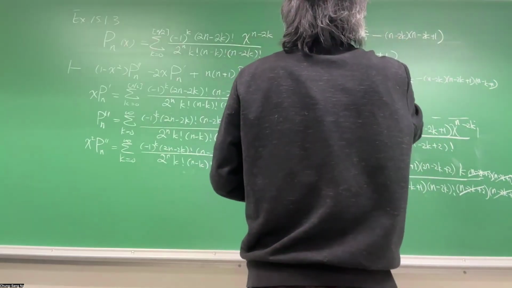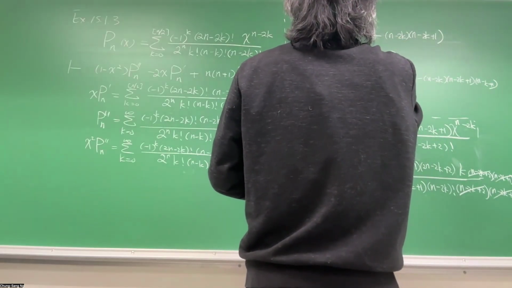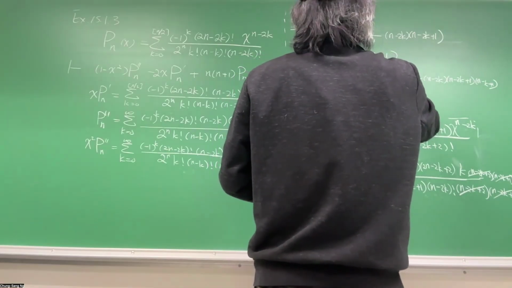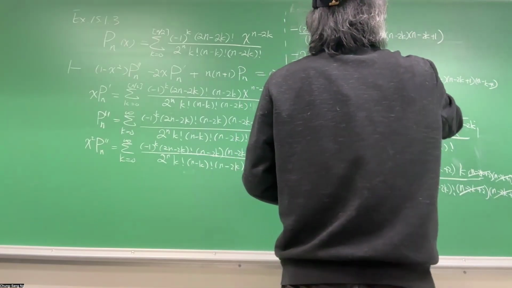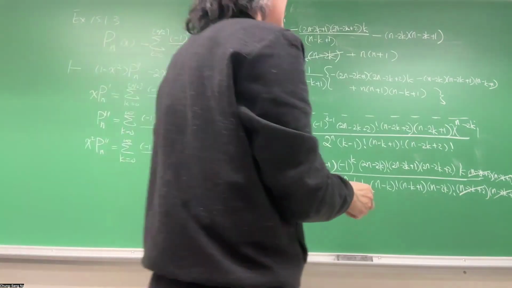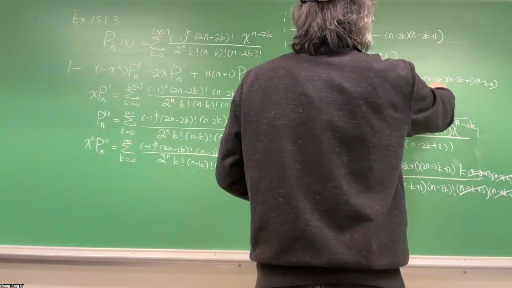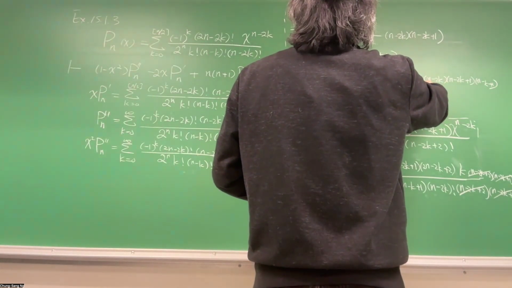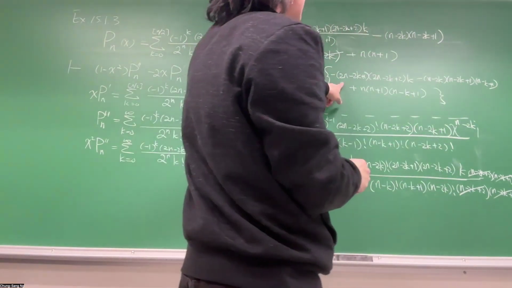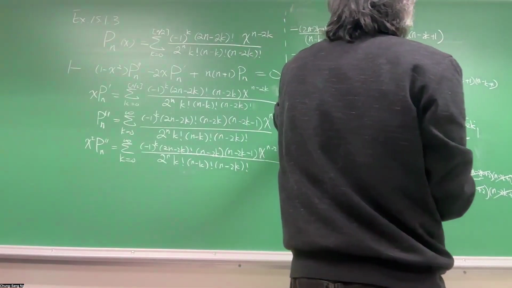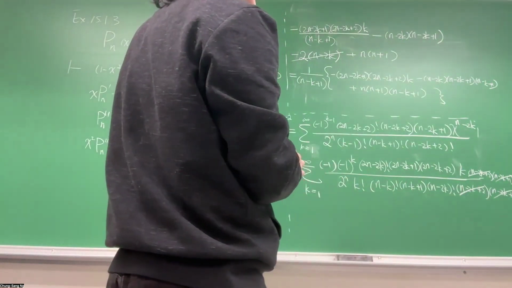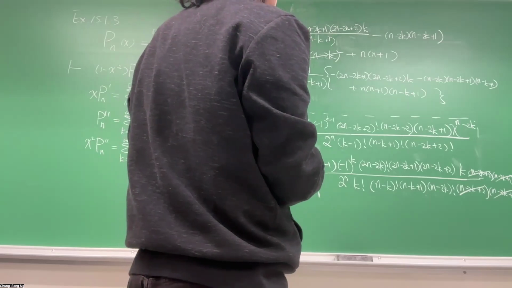This is the common denominator plus times minus k plus 1. That is a lot.